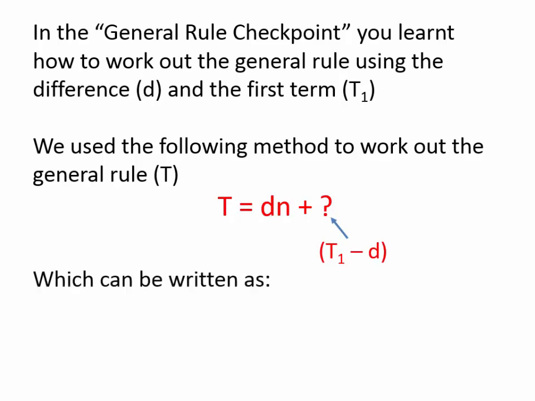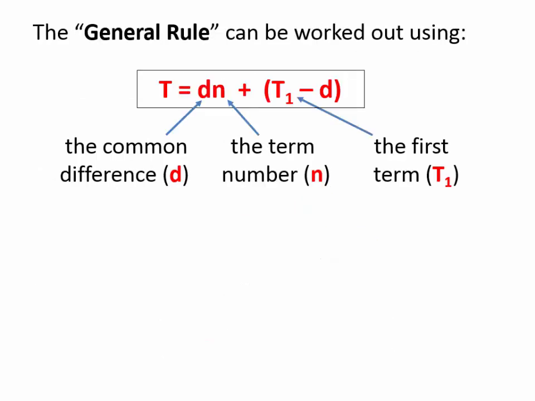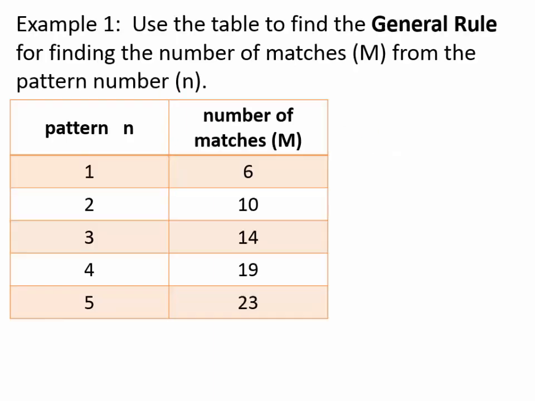So this could be written as, so let's look at that again. T equals dn, the common difference times the term number, plus t1 minus d, the first term minus the common difference. Now this sounds very complicated, but let's look at it in practice and you'll see it's quite easy.